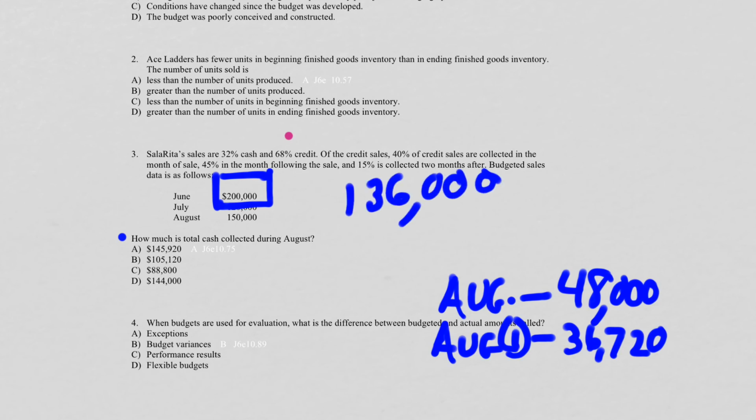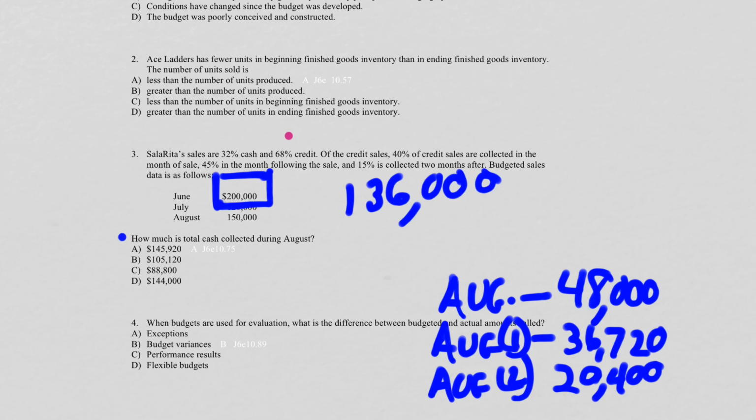And then in June, they collected 15% from the June credit sales. So 15% of the number of 136 is equal to 20,400. So we'll call this August 2. 20,400. Add them all up, do the math, and you'll get an interesting number.